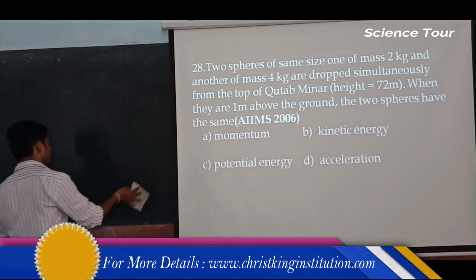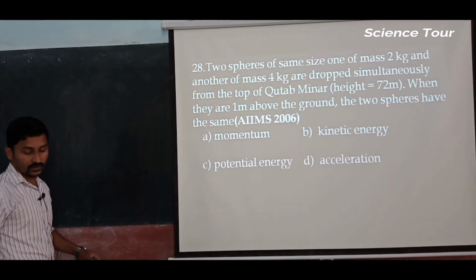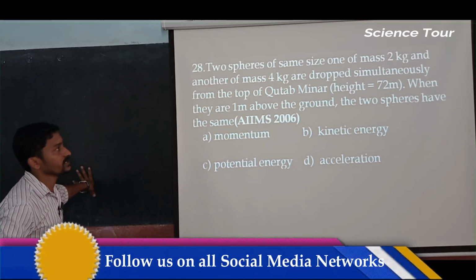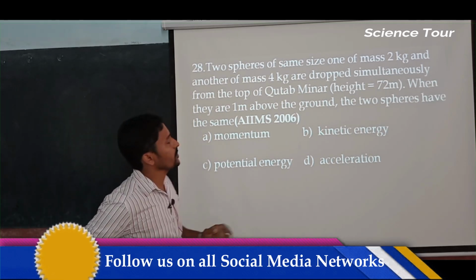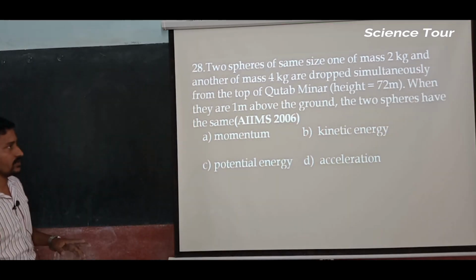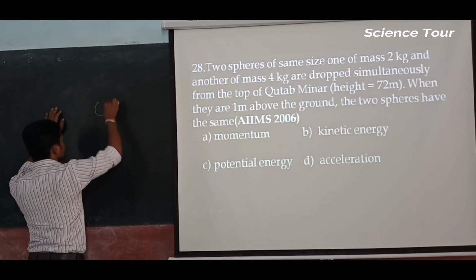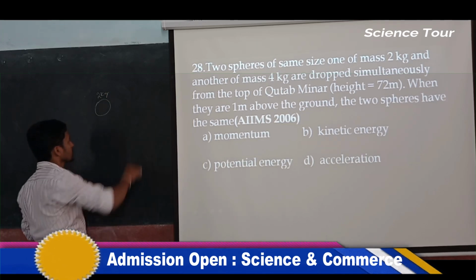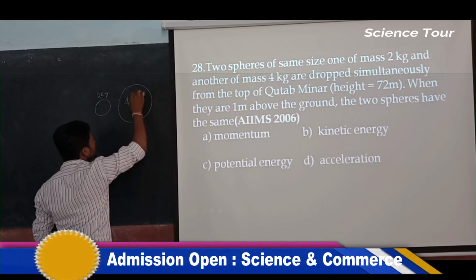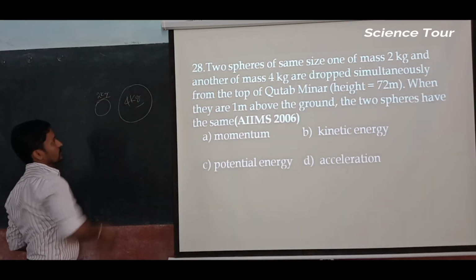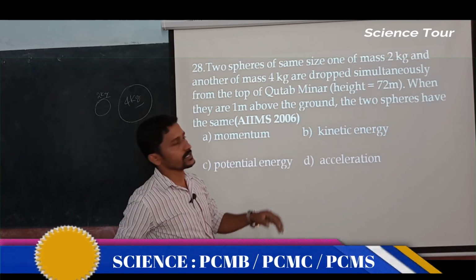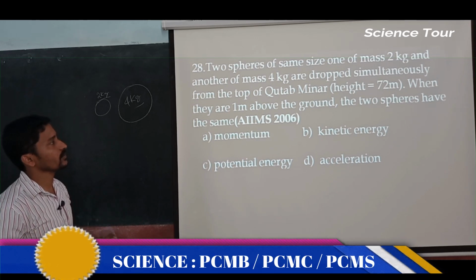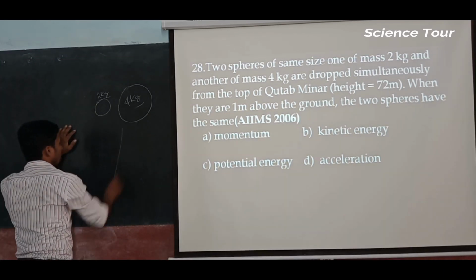So go through the next question, which is on the screen. Okay, go to the next question. It says that 2 spheres of the same size, one of mass 2 kg and another of mass 4 kg, are dropped simultaneously from the top of the Qutub Minar, from the top of the tower.